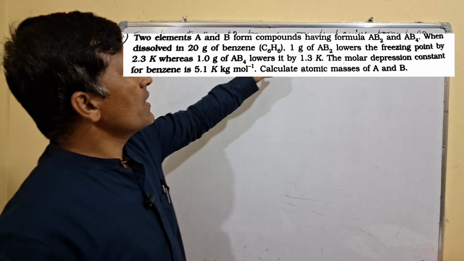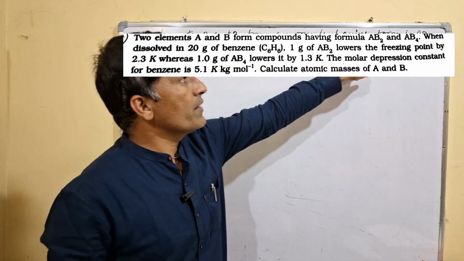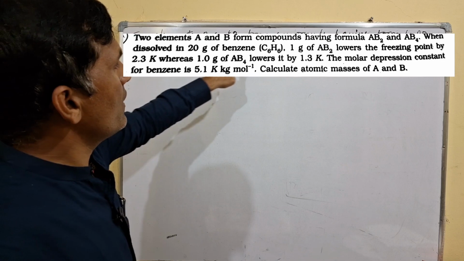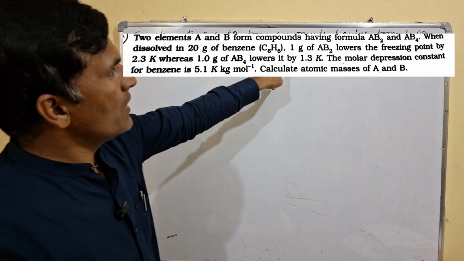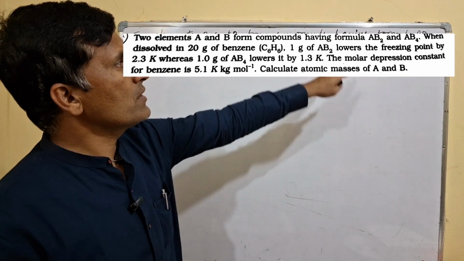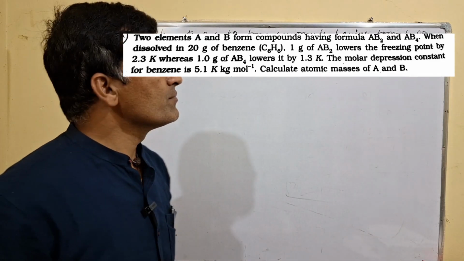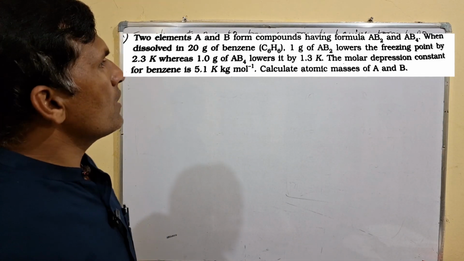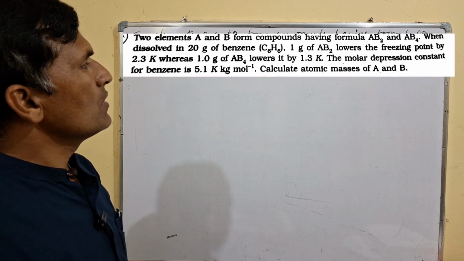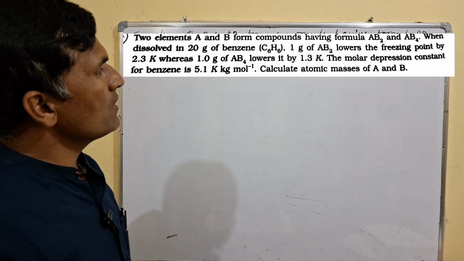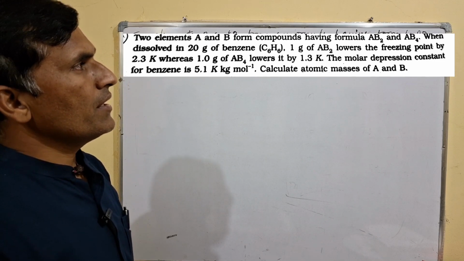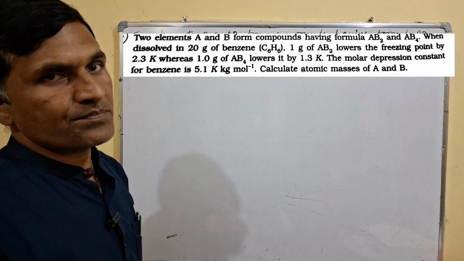When dissolved in 20 gram of benzene, 1 gram of AB2 lowers the freezing point by 2.3 Kelvin, whereas 1 gram of AB4 lowers it by 1.3 Kelvin. The molar depression constant for benzene is 5.1 Kelvin kg per mole. Calculate the atomic mass of A and B.